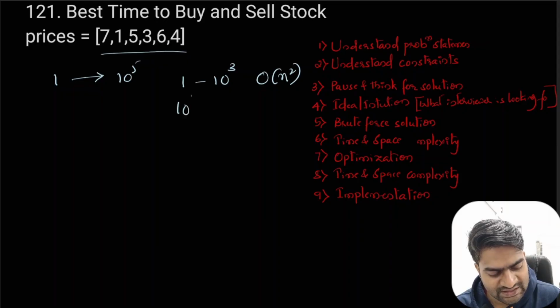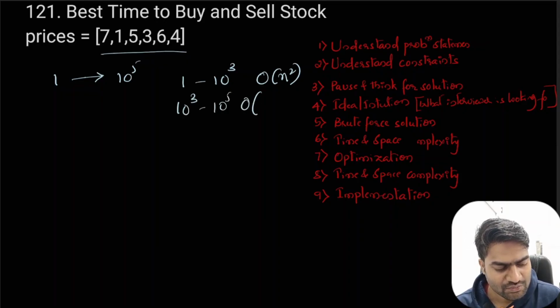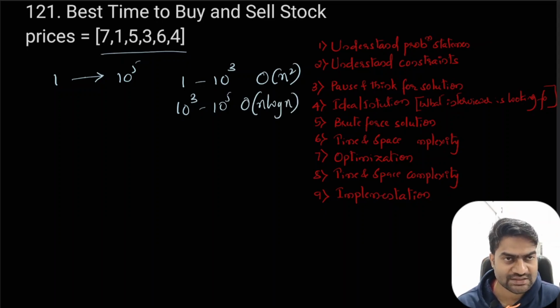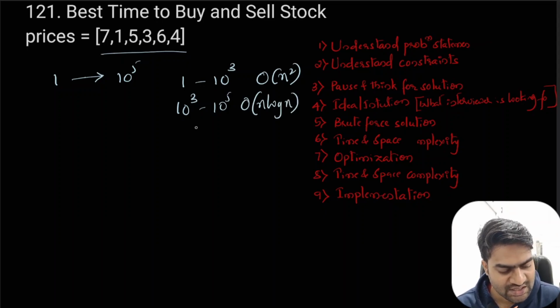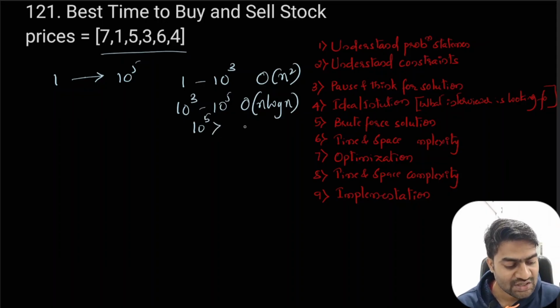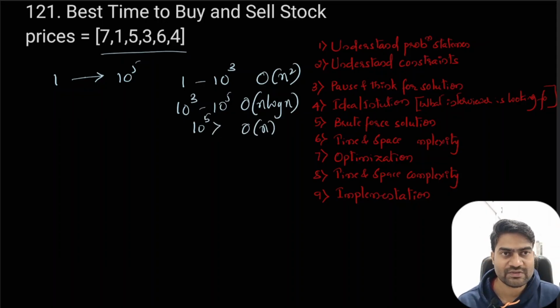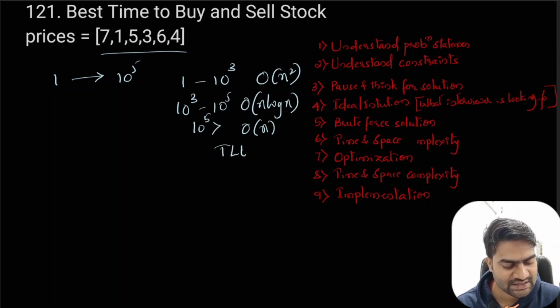If it is between 10 raised to 3 and 10 raised to 5, then you should solve it in worst case O(n log n) complexity. If it is greater than 10 raised to 5, then you should solve the problem in O(n) time complexity. If that is not the case, it will give us TLE, time limit exceeded. So this is the thumb rule, and you can keep it in mind for all the array problems you solve.